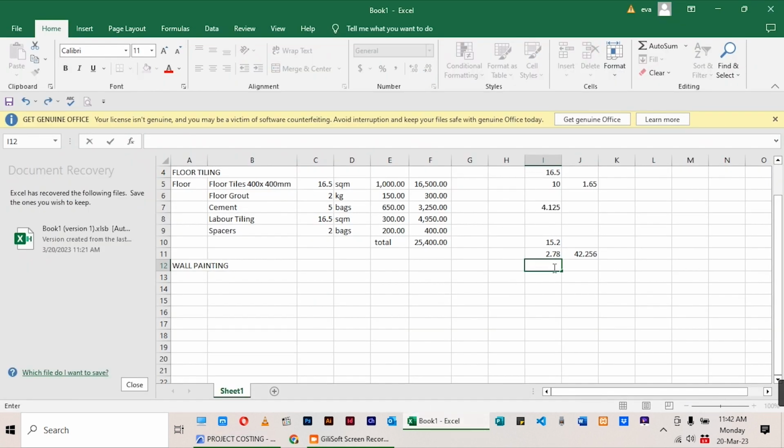Let's do it just here. 1.8 multiply by 1.4 multiply by 2. This gives us that 5.04, and our door is 0.9 multiply by 2.4.